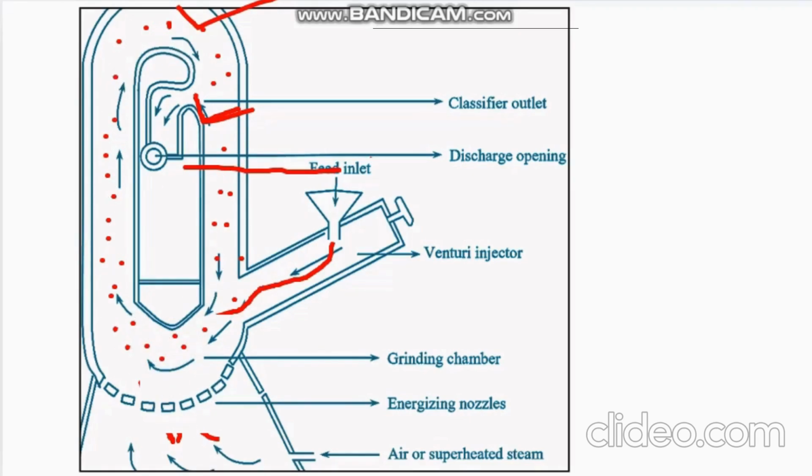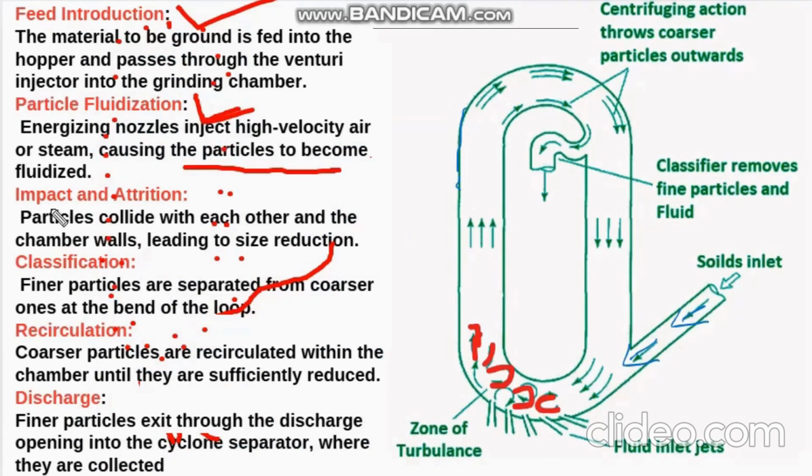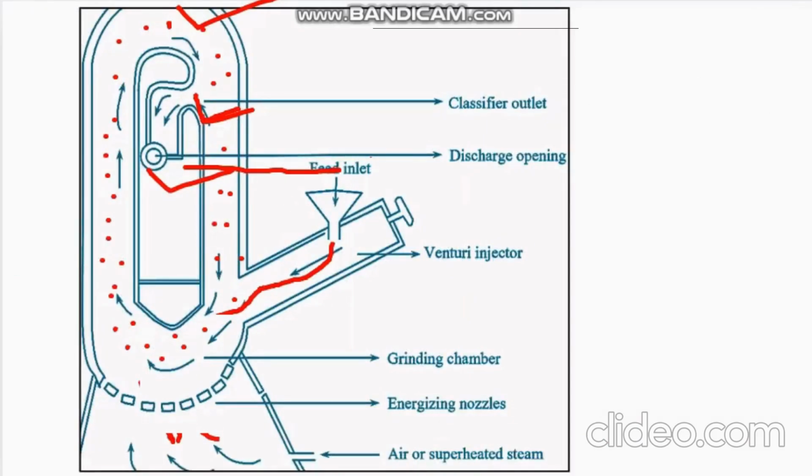And the next one is impact and attrition. This is the basic mechanism by which the actual size reduction is going to happen. Due to this fluidization state, the powder particles will collide with each other. Due to this collision, attrition will take place.